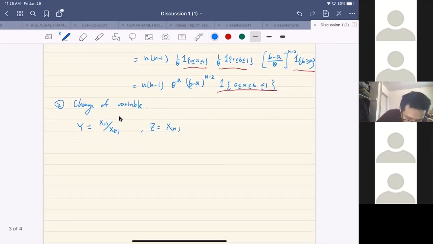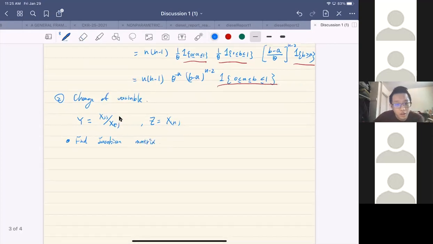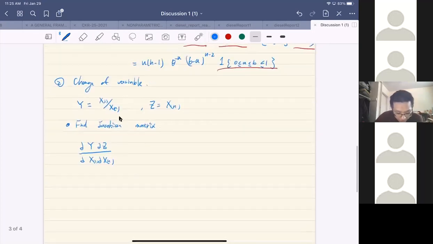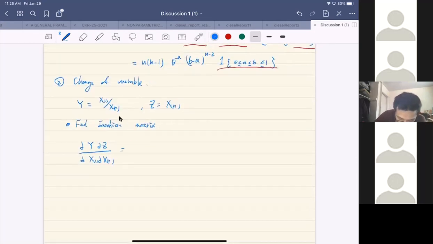The first step you have to do is find the Jacobian matrix. So the Jacobian matrix is the partial derivatives of y and z with respect to s1 and sn.